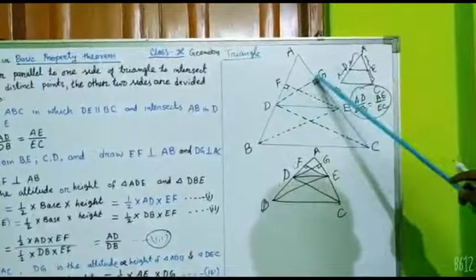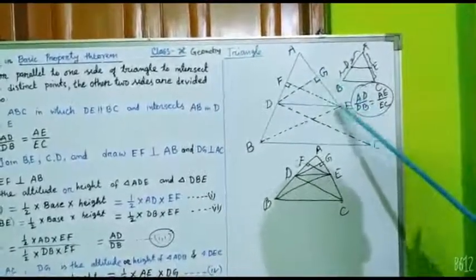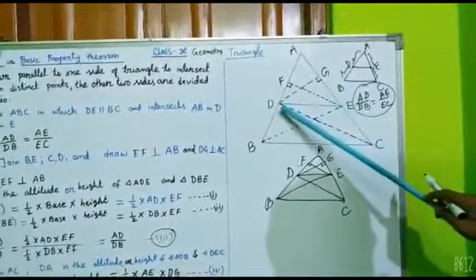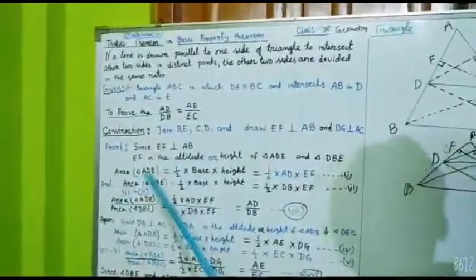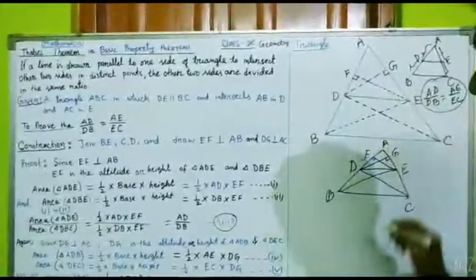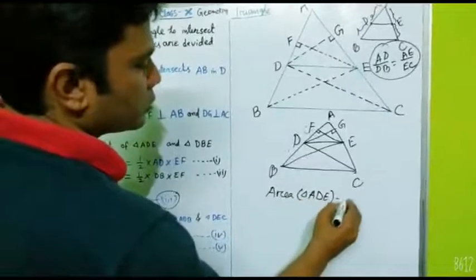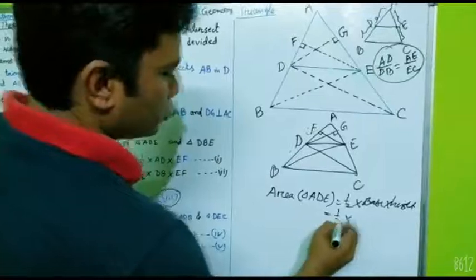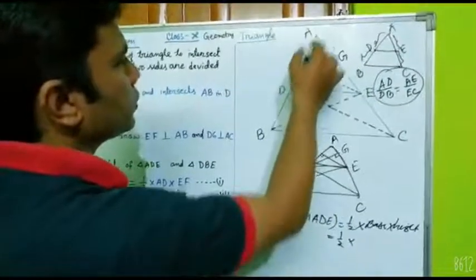So first, triangle ADE: the area of triangle ADE is equal to half into base into height. Here, in this triangle, the base is AD and the height is EF.